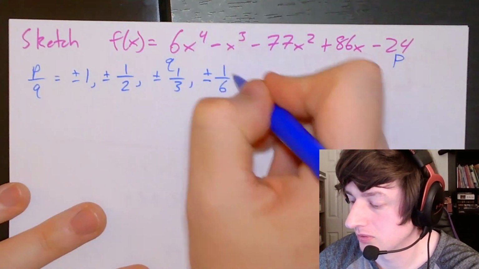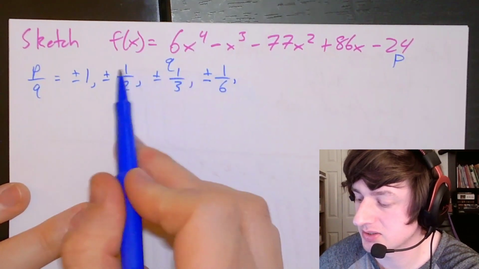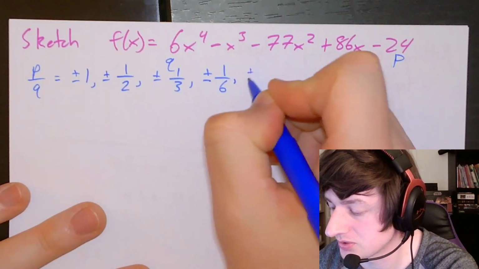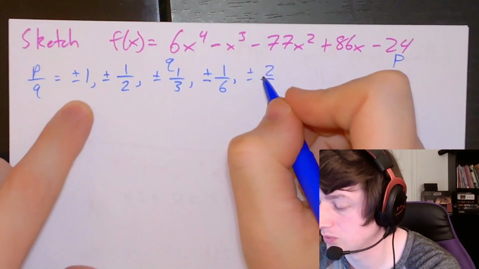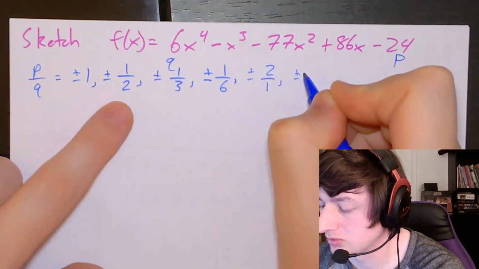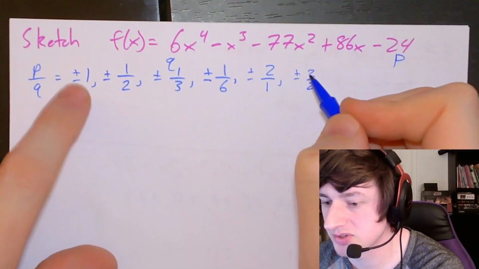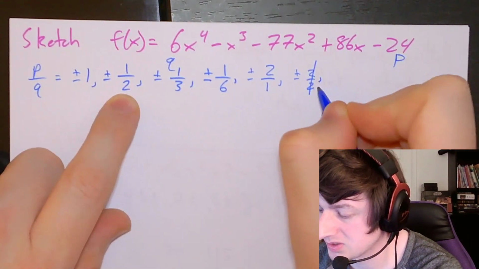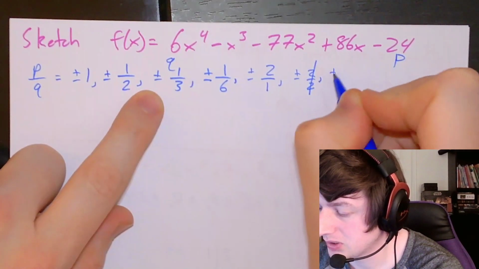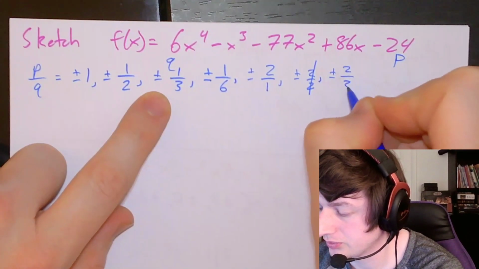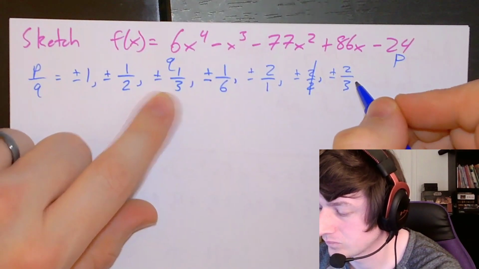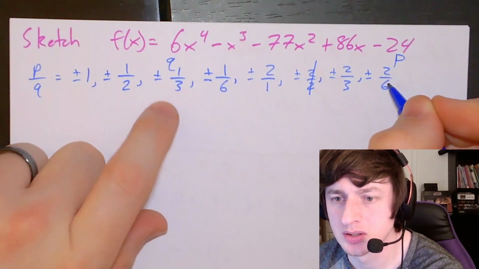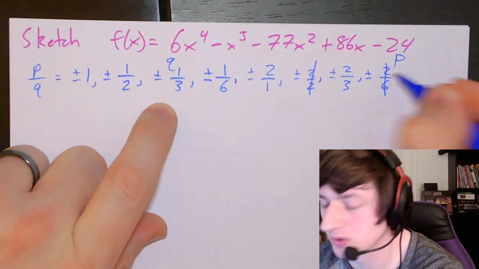Now we just increase this to the next root of 24, which is going to be 2. So plus or minus 2 over 1, plus or minus 2 over 2, except this is just 1, so this one doesn't really count because it simplifies. Plus or minus 2 over 3, and then plus or minus 2 over 6. This simplifies to be the 1/3, so this one also we don't care about.